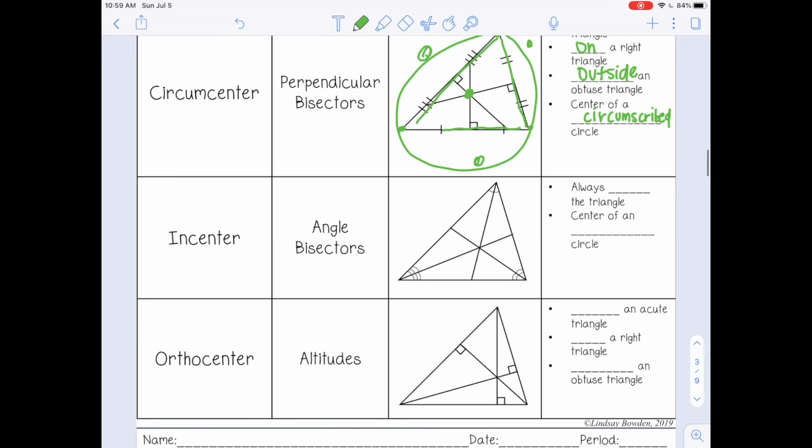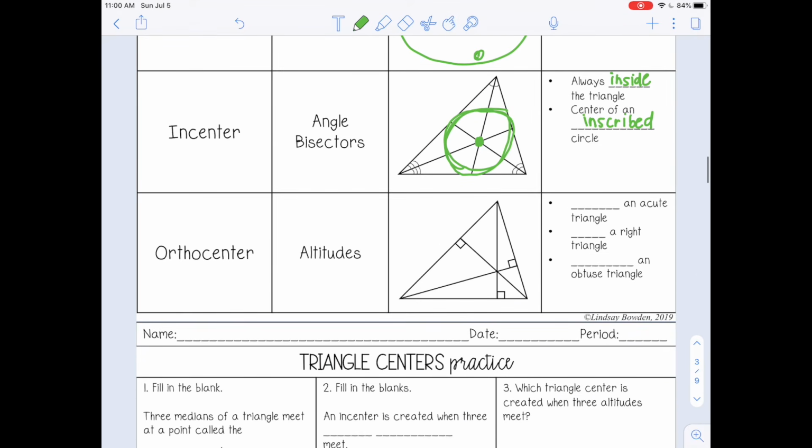All right, the next one is called an incenter, and that is where three angle bisectors meet. An incenter will always be inside the triangle, and it's going to be the center of an inscribed circle. And an inscribed circle is when you have a circle in the middle or on the inside of a triangle.